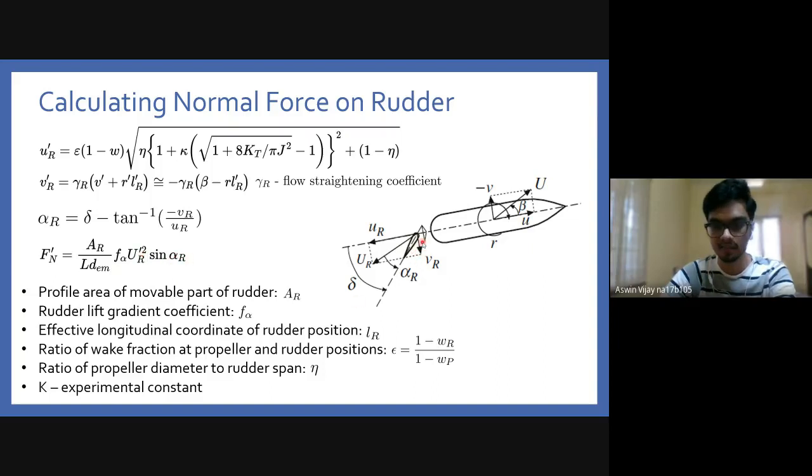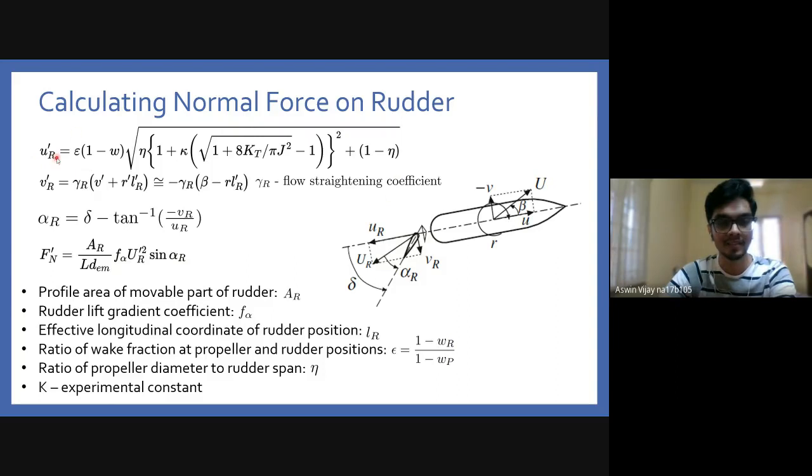Alpha R is defined here as the angle between the rudder and the net component. And alpha R is computed as this delta, which is the rudder angle, minus tan inverse of V by R. So delta is equal to this, and tan inverse of V by R is this. Subtracting, you'll get alpha R. Now this UR and VR are calculated by using these formulas, which are directly given in the paper.